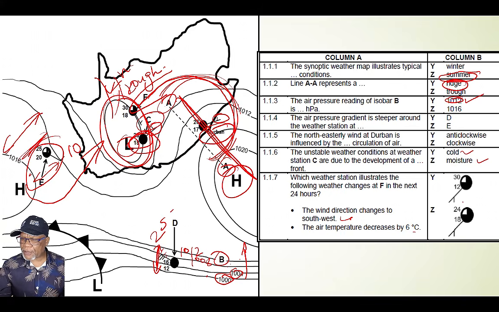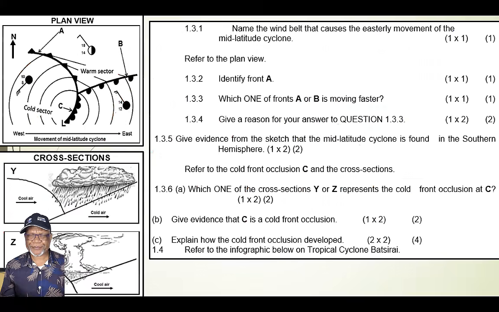So this is the station model that shows these characteristics, where you have the difference between the dew point temperature, which is at the bottom, and the air temperature. This temperature is called the dew point temperature, or minimum temperature, and this one is called the maximum temperature or air temperature. So this is where you have the difference. So the correct answer there will be number Z.